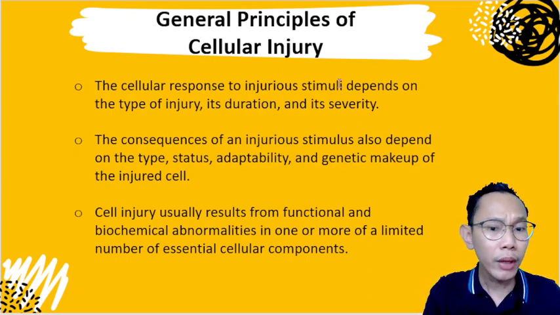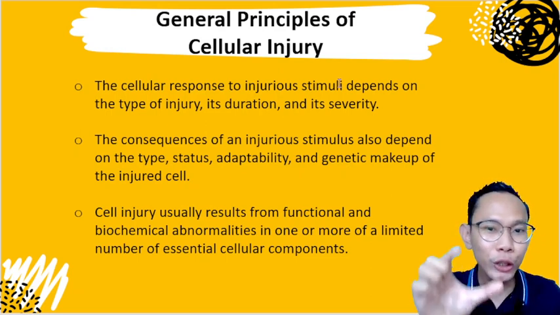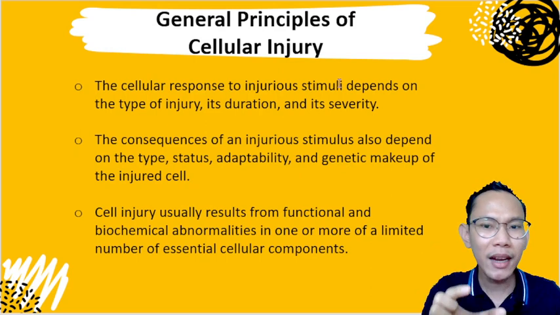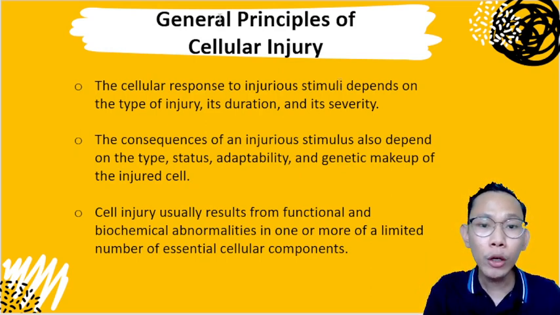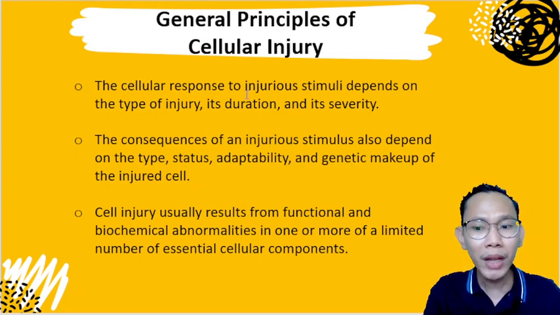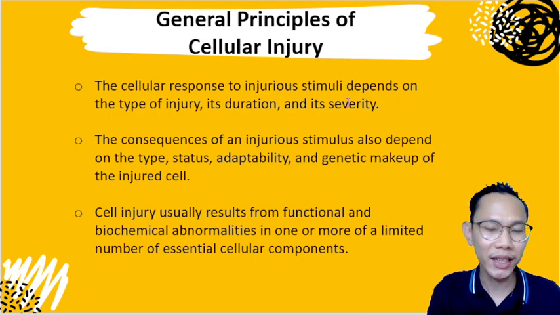This may lead to a reversible cell injury. Pero, pag larger toxins, mas severe na toxin or mas mataas na dose ng toxin or mas longer ang duration ng ischemia times, it may result in an irreversible injury. That's why your cellular response will depend on the injury, duration, and severity.